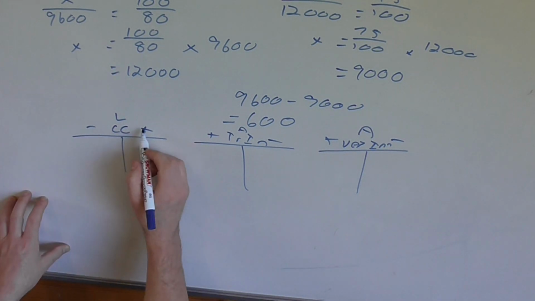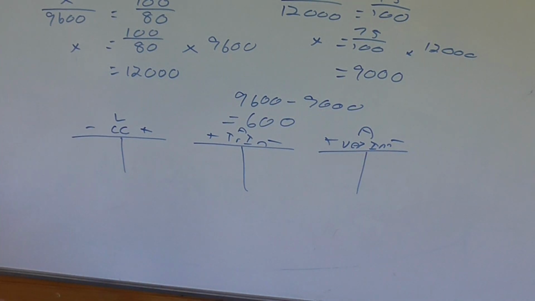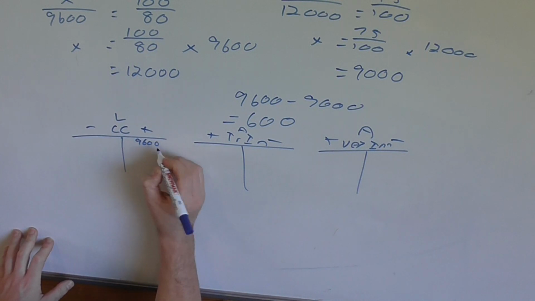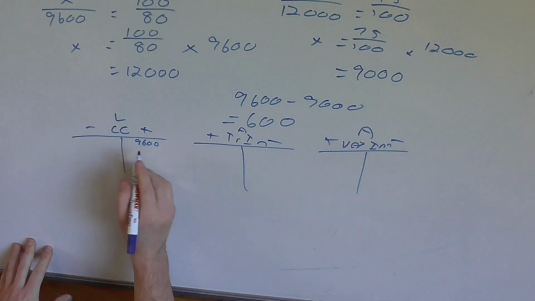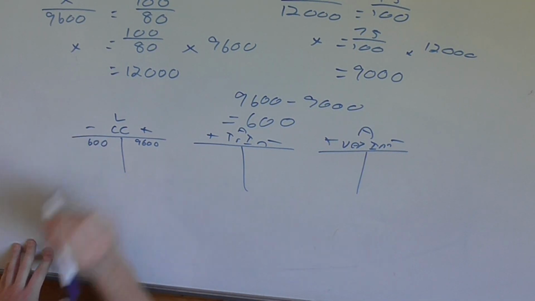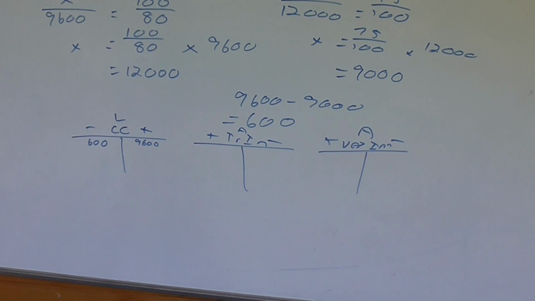Our creditors charged us 9600, they were only supposed to charge us 9,000. So there's 600 rand too much that we need to deduct. So our creditors increased with 9600, but to get to the 9,000, it has to decrease with 600. So that gets debited.